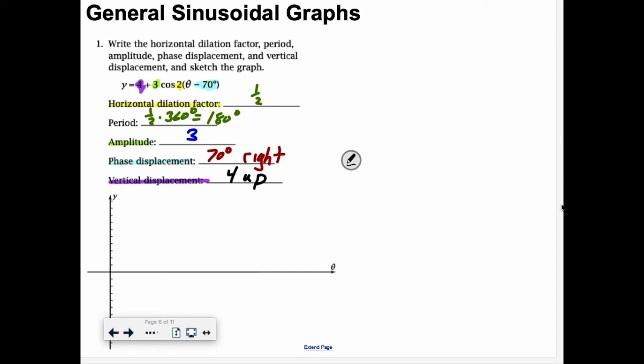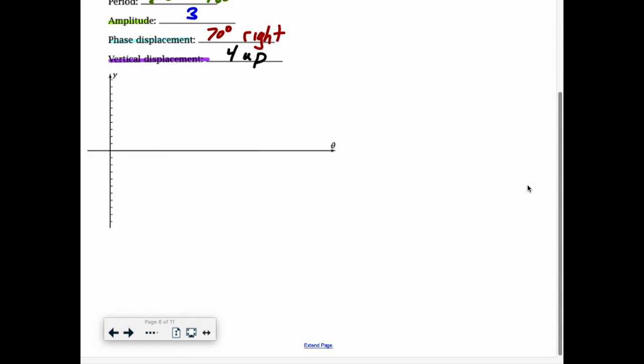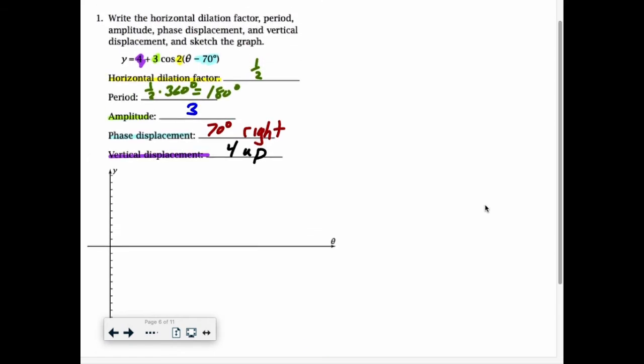Positive means up. So now let's get a bit more room on this page. We're going to use this information, and we're going to sketch it out. Now, it's always a nice idea to start with our vertical displacement. It's 4 up, so 1, 2, 3, 4. And I'm just going to draw a dashed line. You can think about these lines like just guidelines about where we're going to draw these things out.